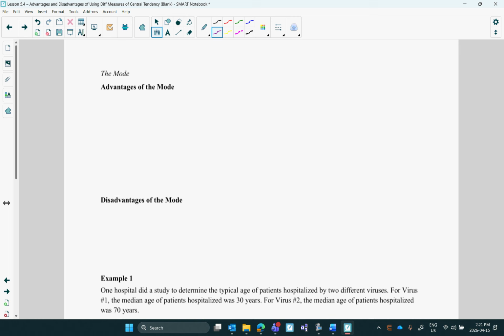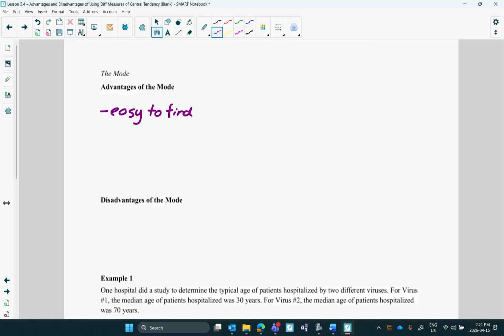For mode, well, easy to find. Easy to find, definitely. And it's also resistant to outliers unless the mode is one of the outliers.